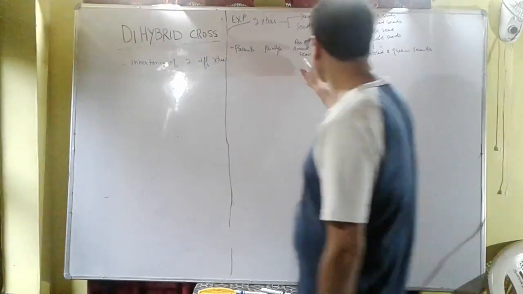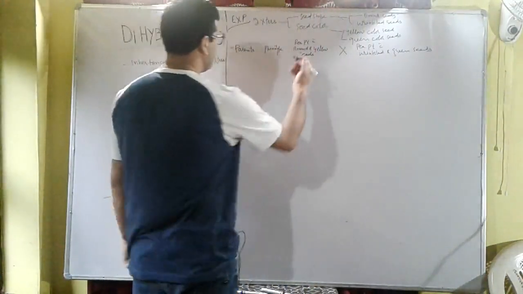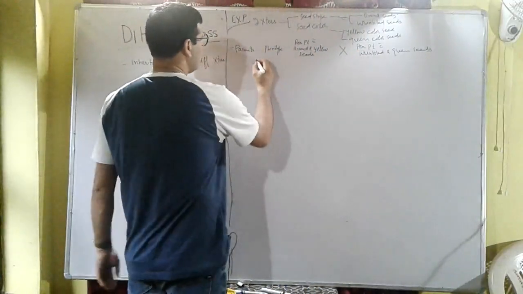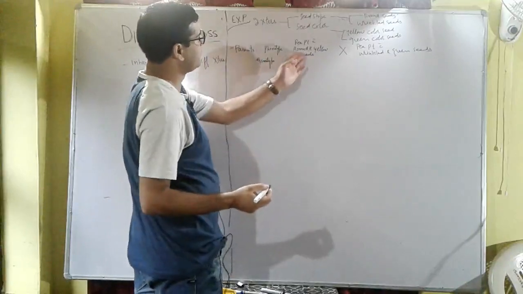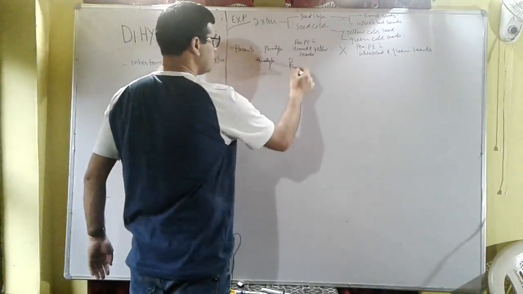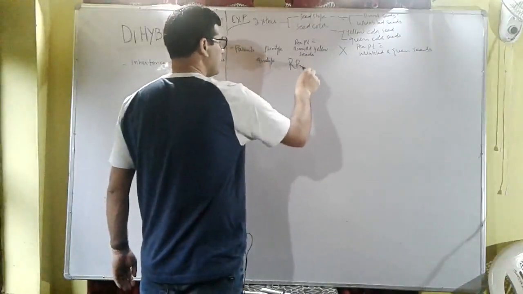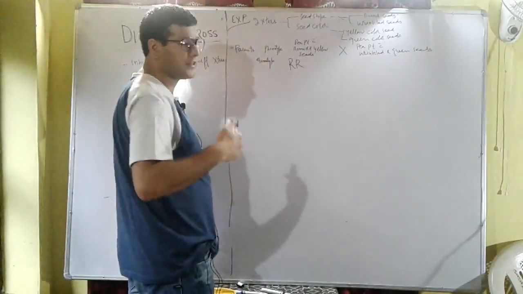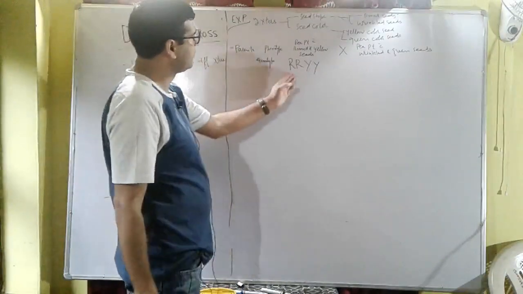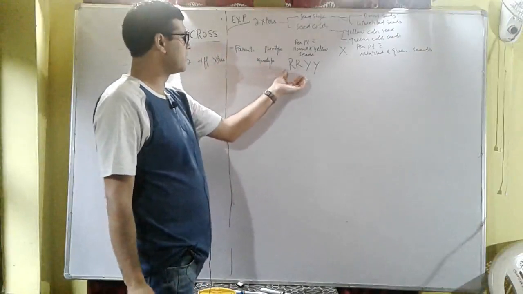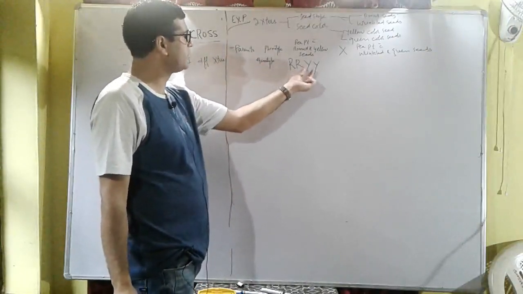So we have a pea plant with round and yellow seeds and a pea plant with wrinkled and green seeds. Obviously, what would be their genotype? For the pea plant with round and yellow seeds, the round trait is dominant, so capital R, and the yellow trait is dominant, capital Y. This condition is pure, homozygous for the trait.